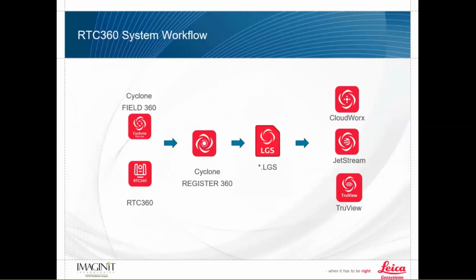That LGS file is a proprietary file type that Leica has developed over the past 18 to 24 months. That LGS file will go into CloudWorks, it'll go into Jetstream, and it'll also go into TrueView. With that said, I can also publish directly from Register 360 into Jetstream, or directly into TrueView, and work with that data either way.